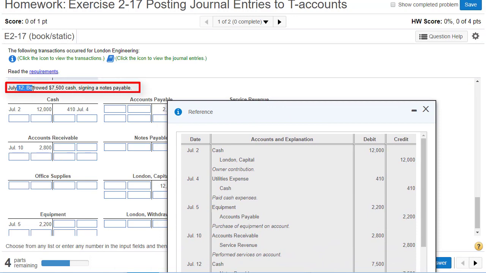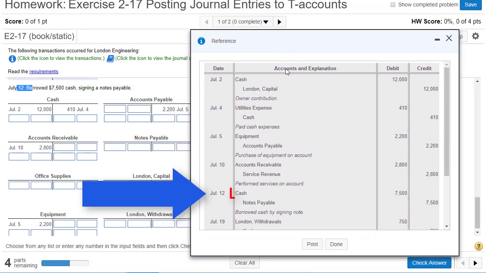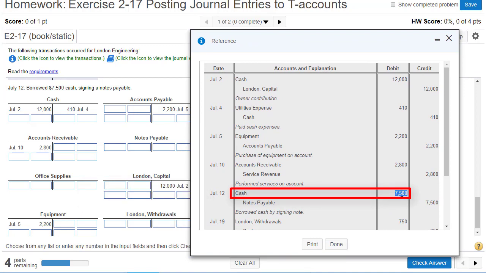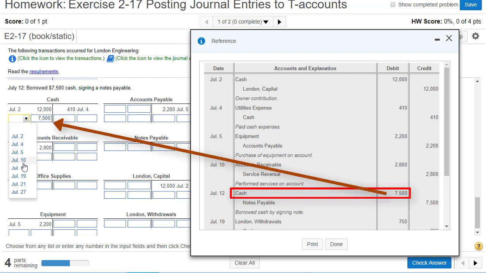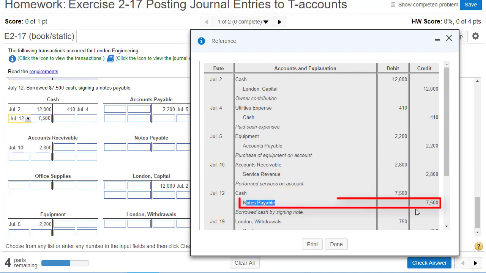Next, it's reminding us to do July 12th. So on July 12th, we've got cash, $7,500 on the right side. Excuse me, the left side. And then we've got notes payable, $7,500 on the right side.